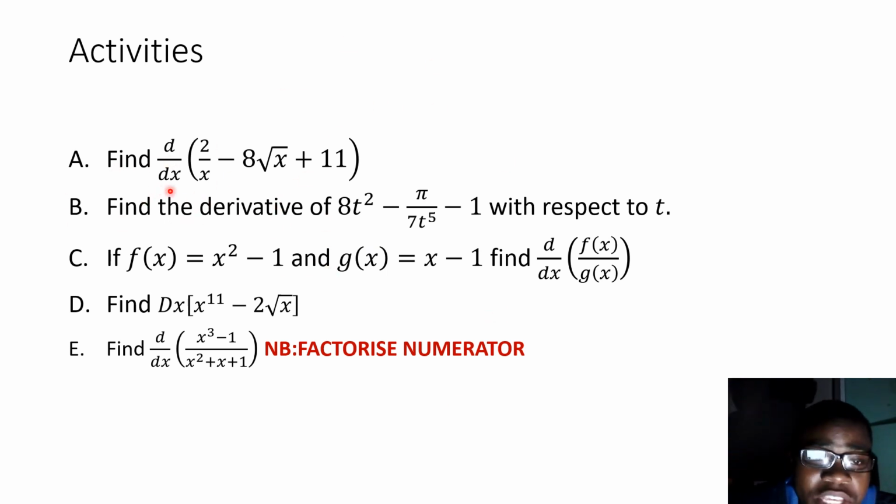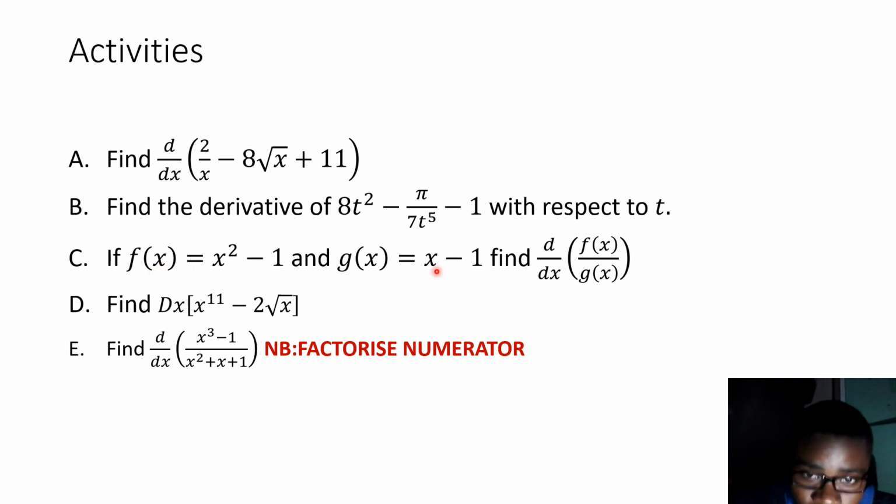Here you will apply some rule, and then you write these things in exponential form, in terms of exponents. And this one here will be derived with respect to t. It's no longer x. You must be aware of that. Now this one here is fine. This one here you'll need to change, writing it in a form where t is expressed as exponents only, no quotient. Now this is a constant. You do what you have to do.